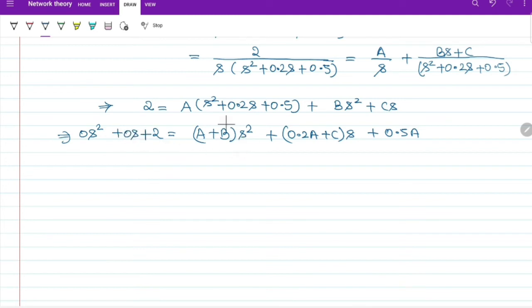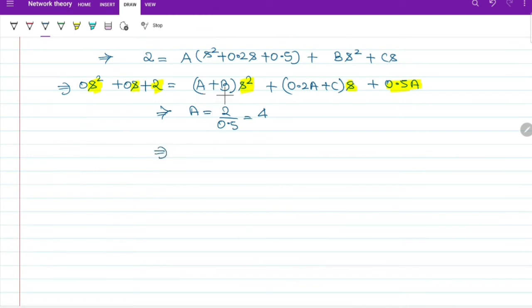So you can see here 0 s square, 0 s, and this is 0.5a and this is 2. With the help of this, by comparing like terms, we can write a is equal to 2 by 0.5, so this can be written as 4.